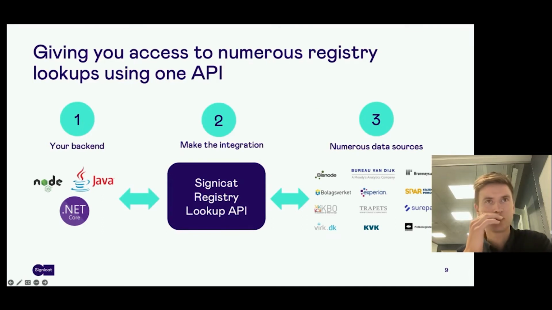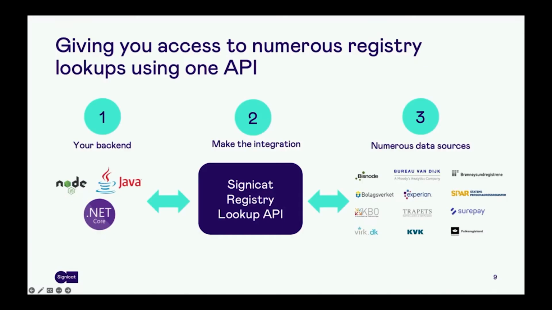One big advantage of integrating your backend to Signicat's registry lookup API is that one single API will give you access to a lot of data sources. And another big advantage is that you will get the results back in a normalized way, meaning that every response from different sources will have the same syntax.